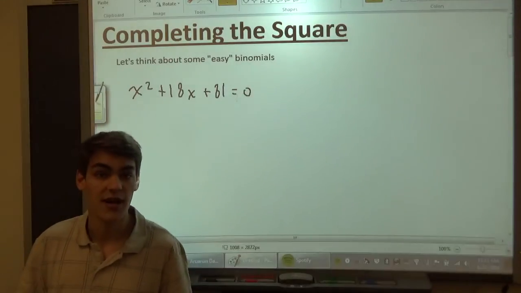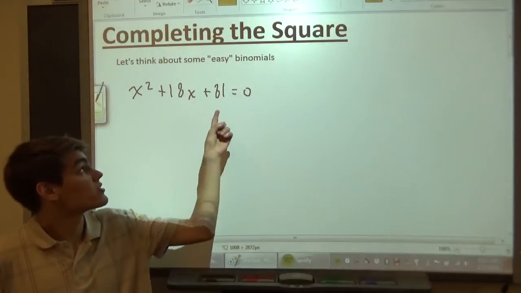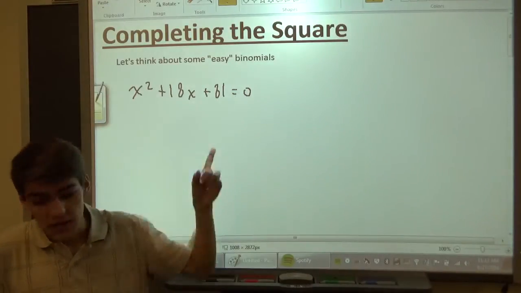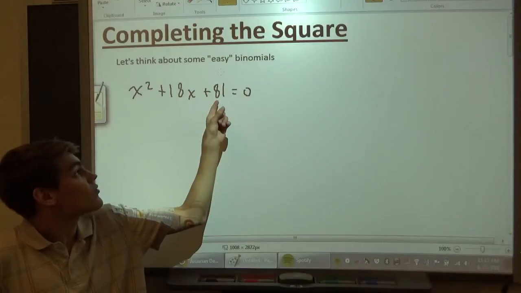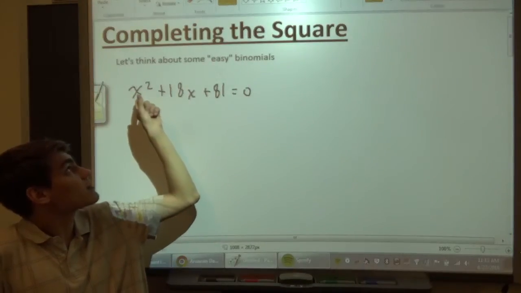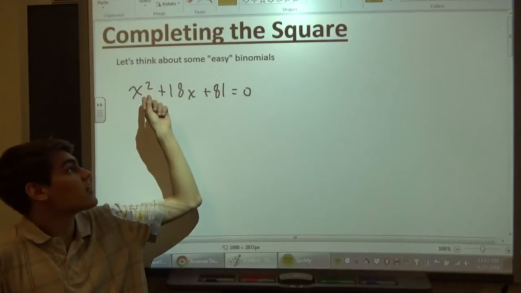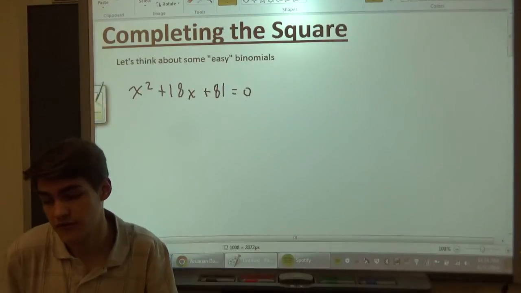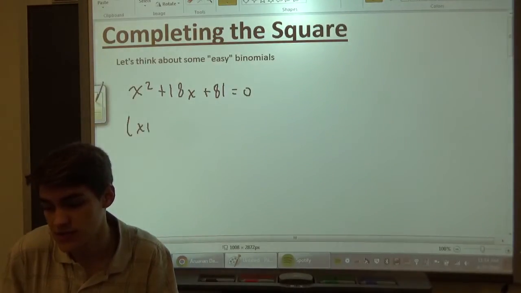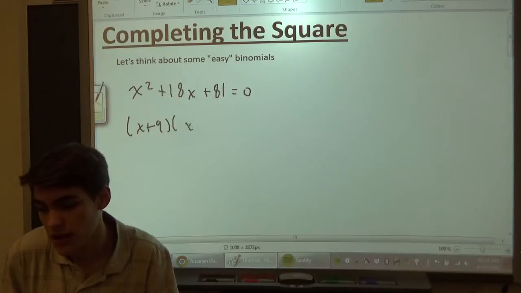So factoring makes a question like this really easy, right? What multiplies to give 81, because it's 81 times 1, and adds to give 18? Well, it'd be 9. So conveniently, it's (x plus 9)(x plus 9) is equal to 0.